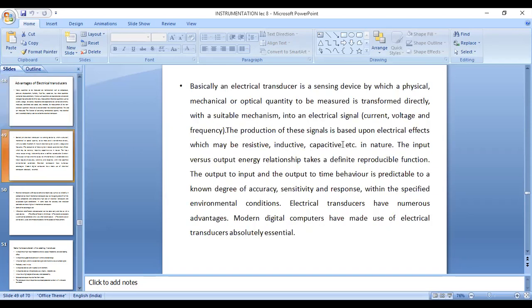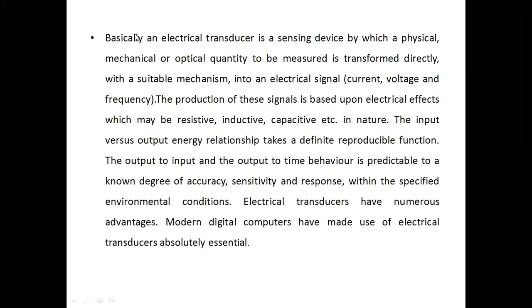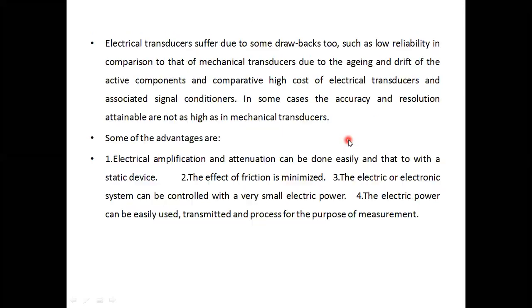Okay, so basically the electrical transducer does this for me, right? And the advantages of electrical transducers are that electrical amplification and attenuation can be done easily.